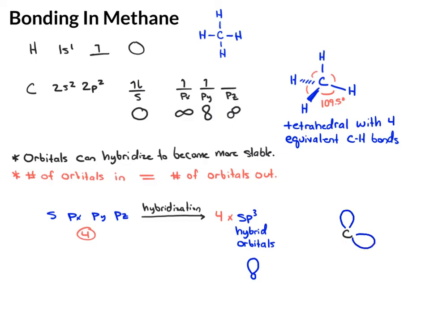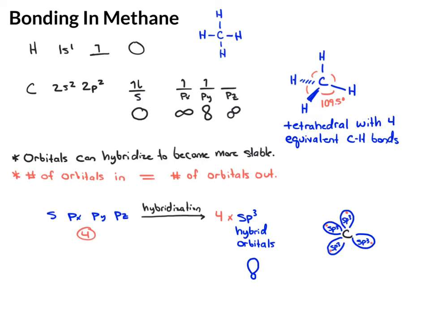So there's 2, there's the 3rd one, and the 4th one. And each of these orbitals, because up here we started with 4 electrons, those 4 electrons are distributed, and we'll put an electron in each hybrid orbital.